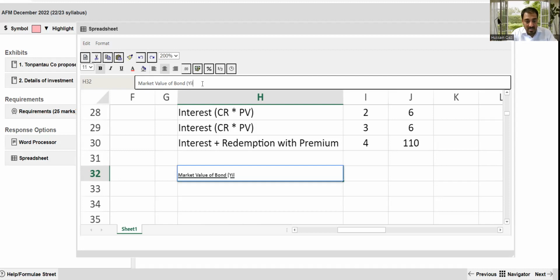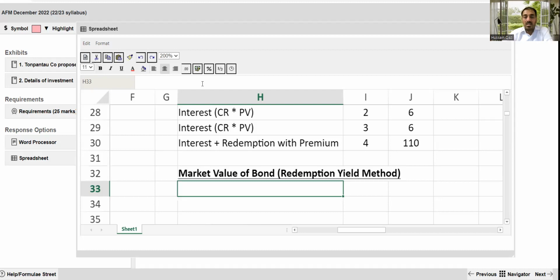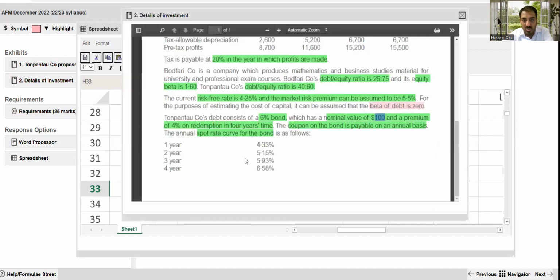with the redemption yield method. And for the redemption yield method, according to the bond valuation, here the rates available are 4.3, 5.15, 5.93, 6.58.